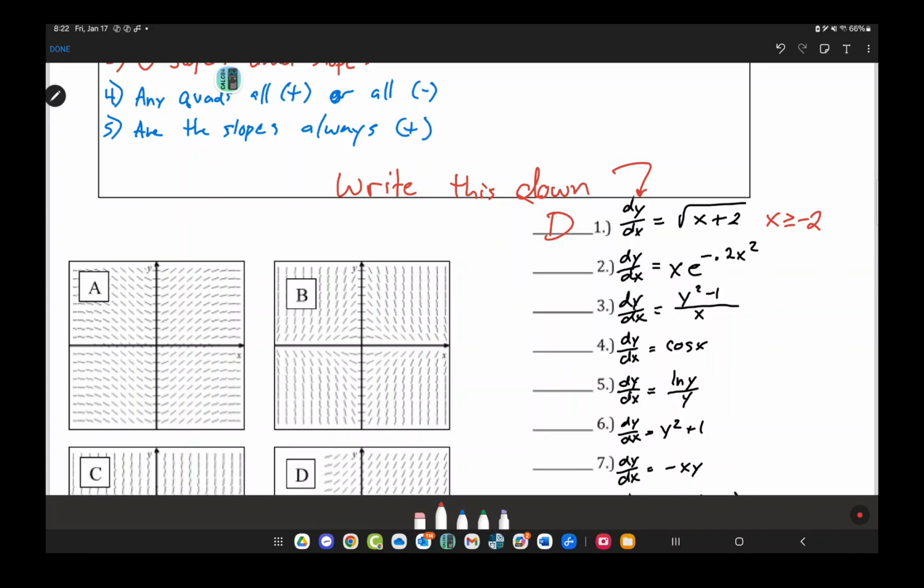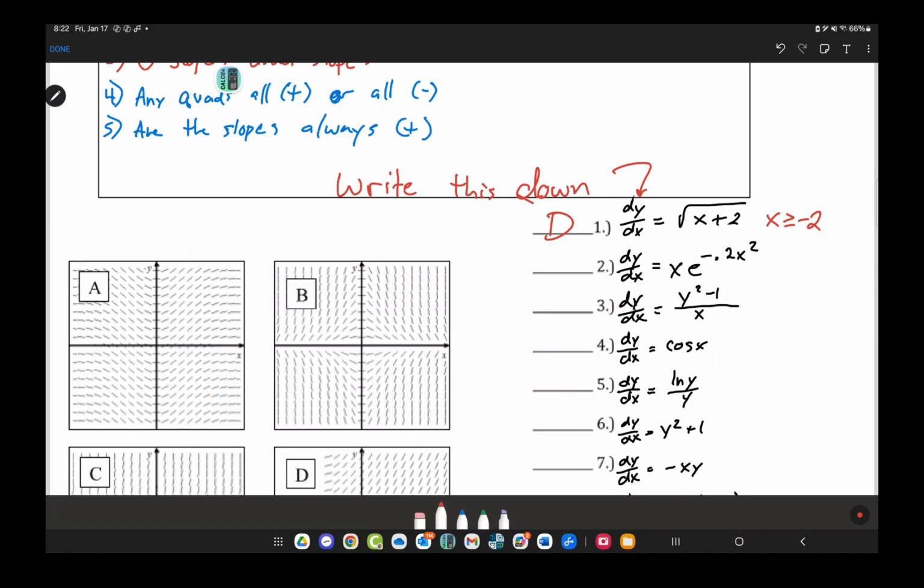But let's look at E as well. Now notice that I don't have a domain restriction, I have a range restriction, which means my function should be in terms of y, and I have limits on what y could be. So it's not 2, 3, or 4.